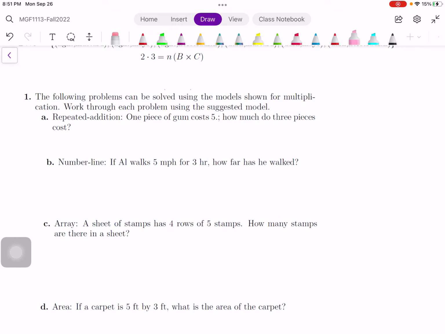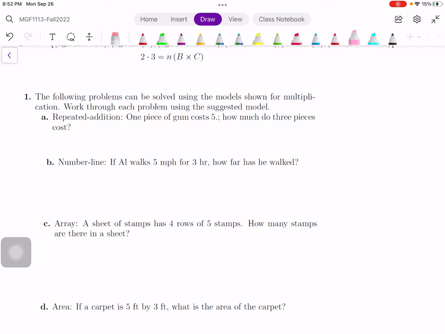So the following problems can be solved using the models shown for multiplication. Work through each problem using the suggested model. Let's start with repeated addition.